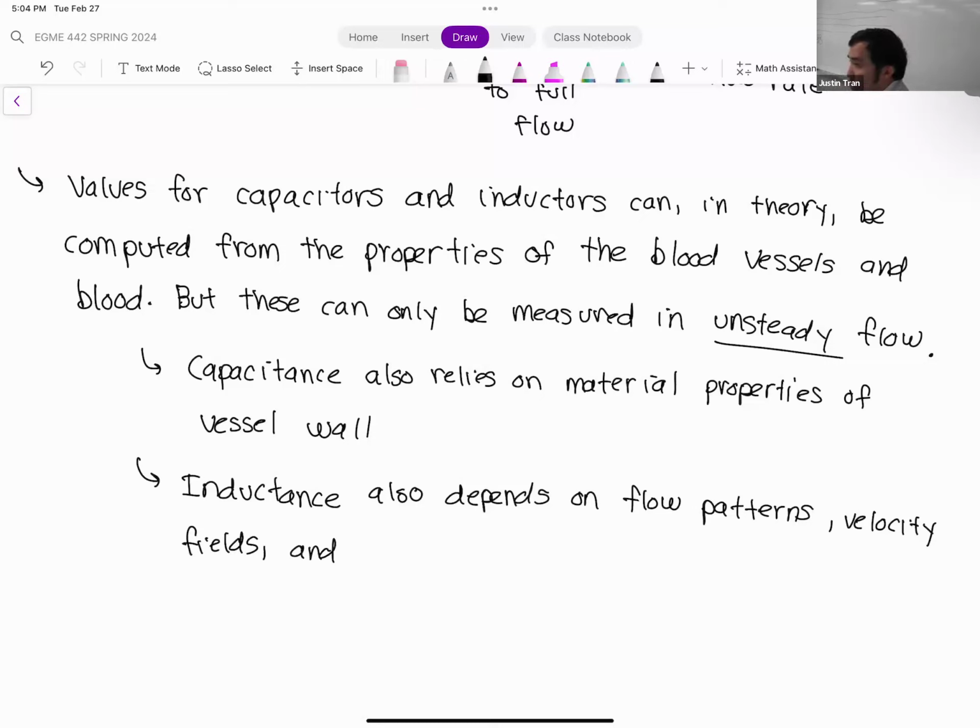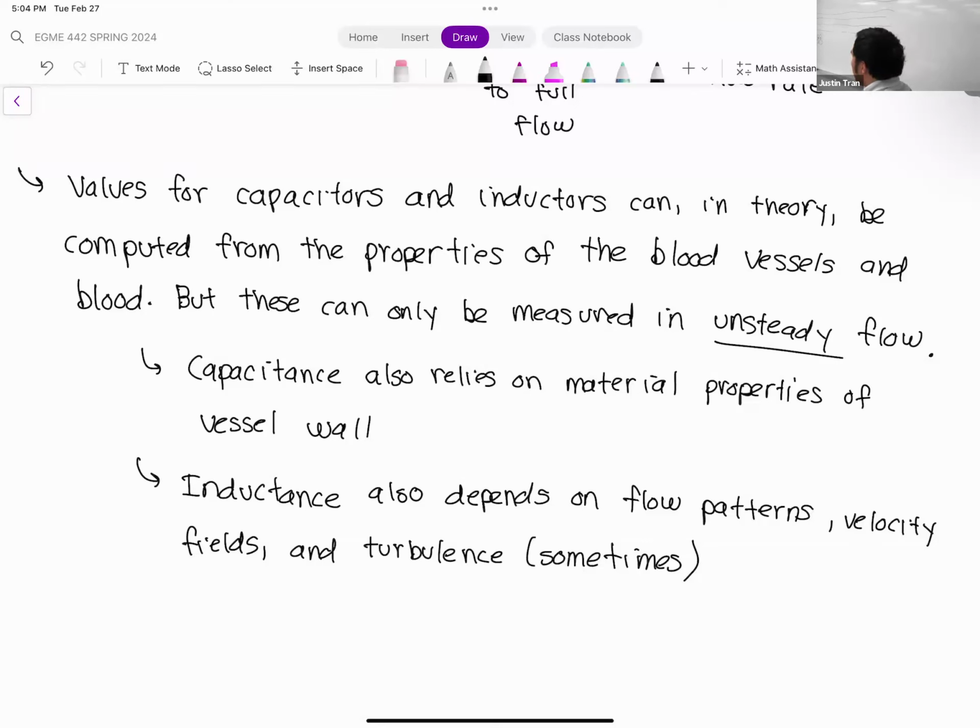And inductance also is affected by turbulence in some cases. I know I've already mentioned in class that blood flow isn't exactly turbulent, but you do still sometimes see transient small turbulent effects, and that affects things like the inertia.